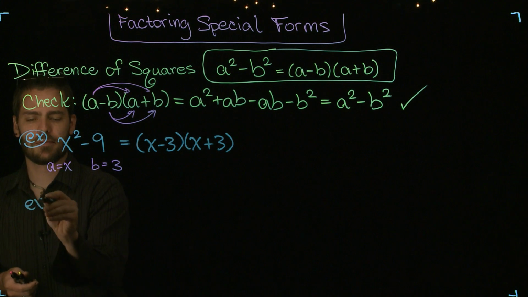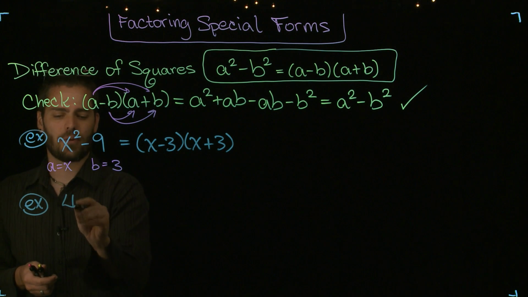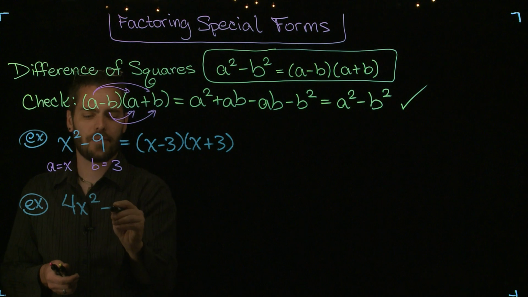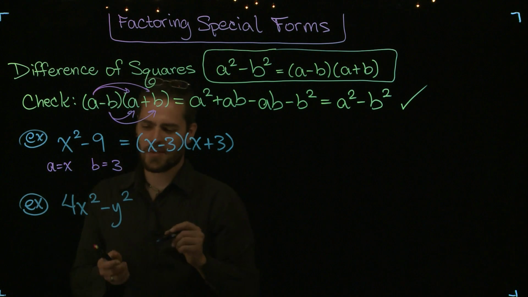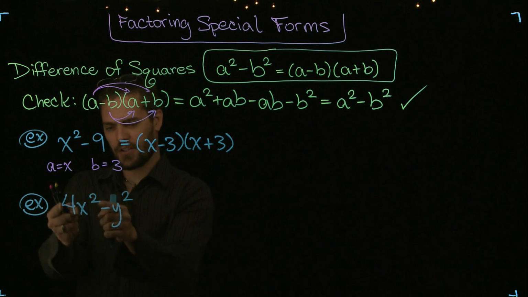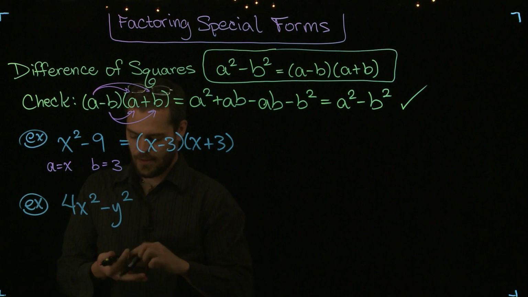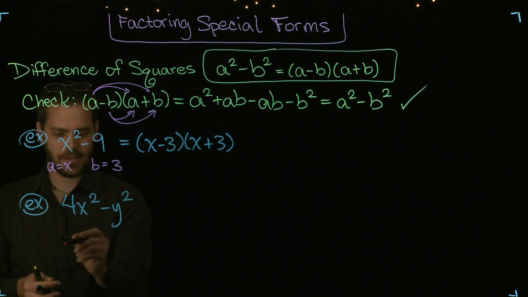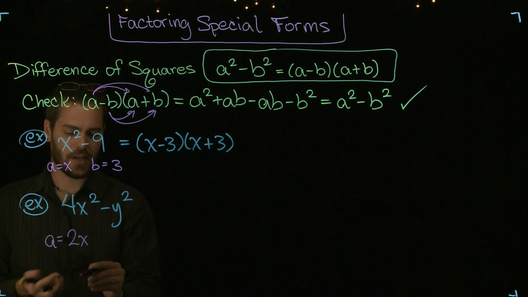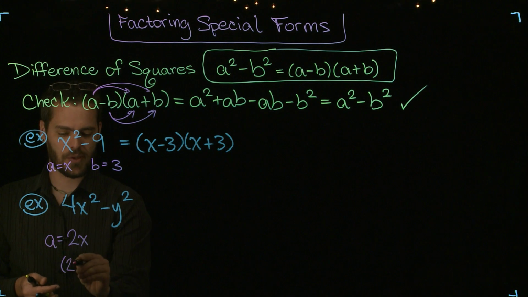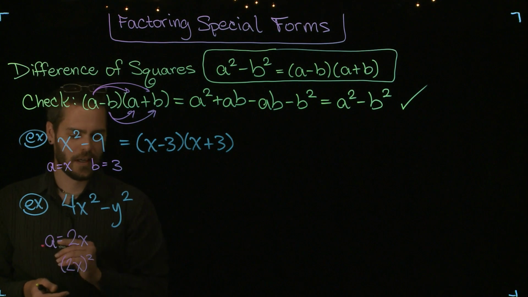How about, what if we had 4x squared minus y squared? So what is being squared to give us that first term is the question. And we can say that it is 2x. a is equal to 2x. How come? Well, we could check that. Suppose we were going to square 2x. How would that come out?